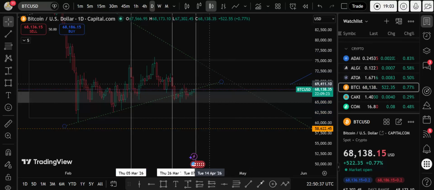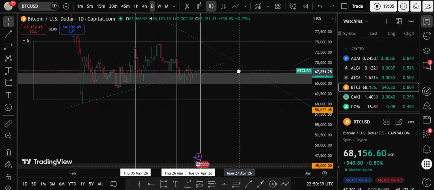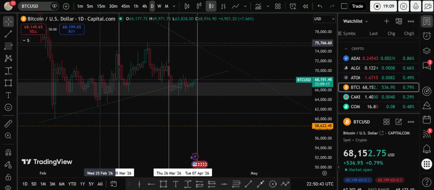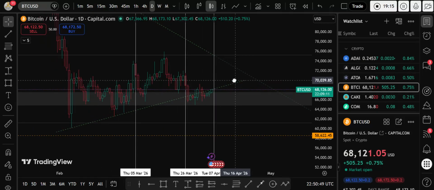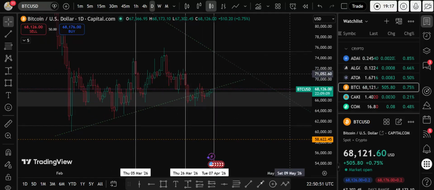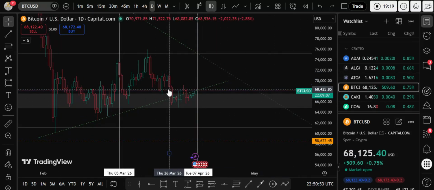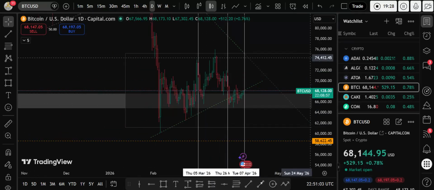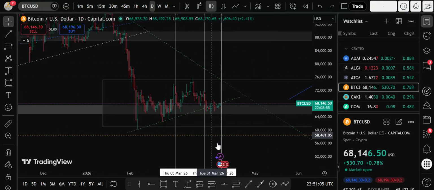Okay, 1 minute. I think the server we are using now for BTC is capital.com. So sorry guys, I think it froze a little bit. So right now, look at our trend line, it retested, look again, it makes another retest, then maybe it will break again.